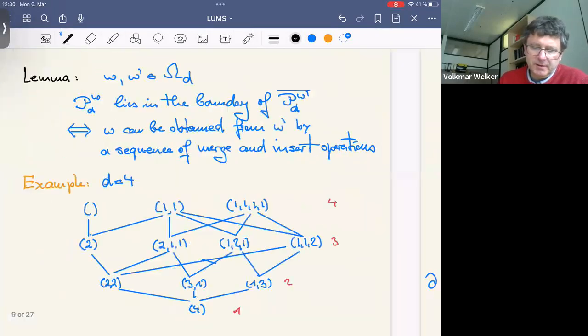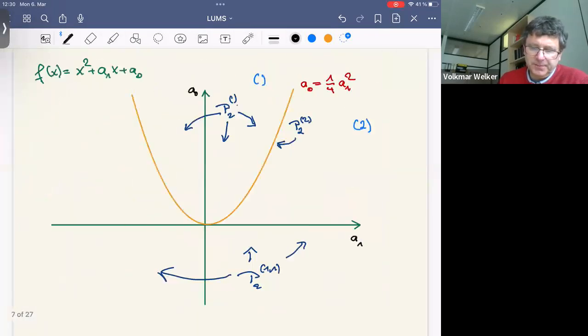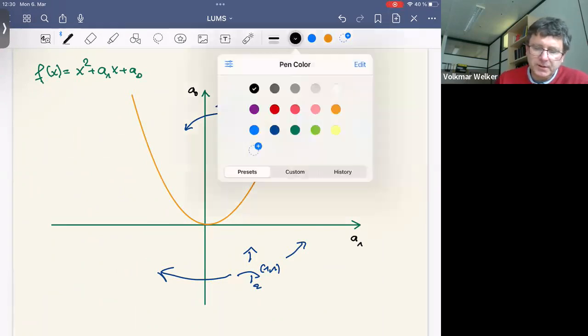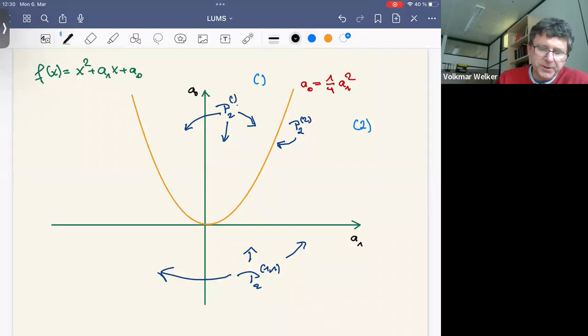So here, just to give the picture back, this is the case D equals 2. If this is the space, and you one-point compactify it, then of course you get a sphere, a 2-sphere.